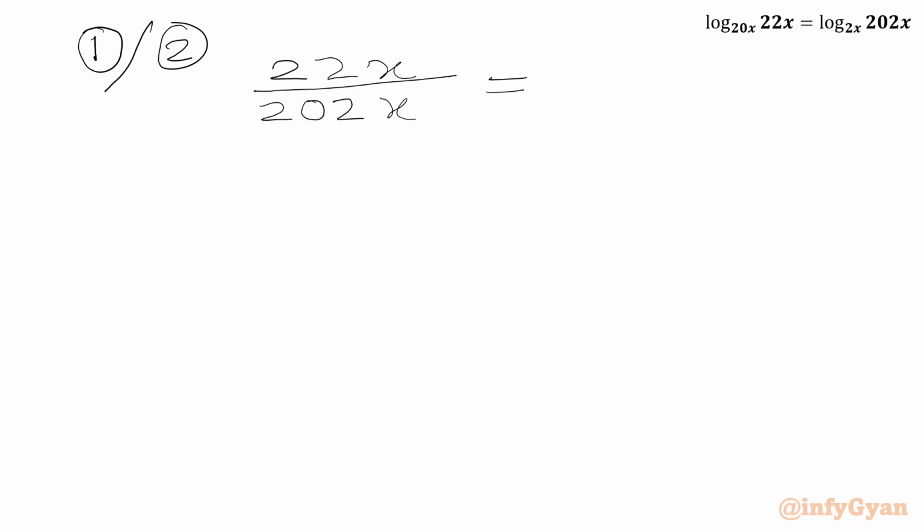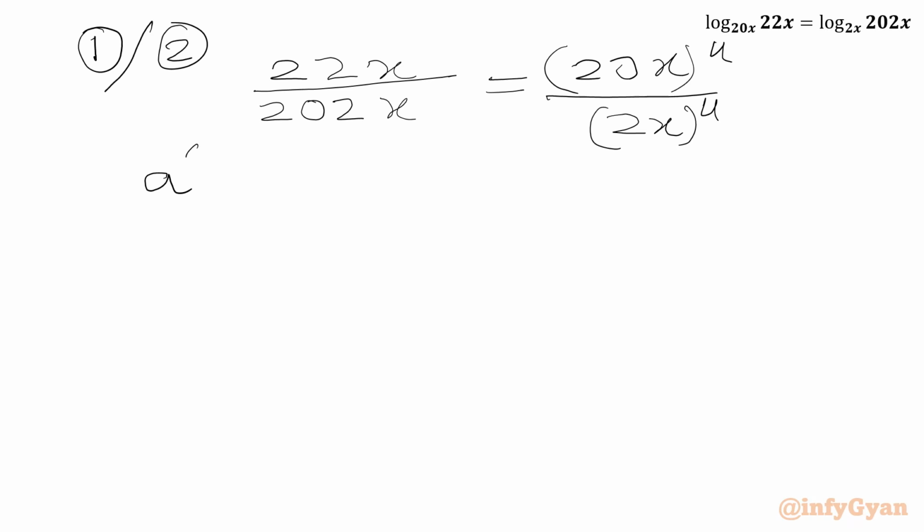In the RHS, we'll write 20x whole power u divided by 2x whole power u. Now we know one exponent law: a power c divided by b power c, anytime we can write a over b whole power c, which we are going to apply in the RHS.